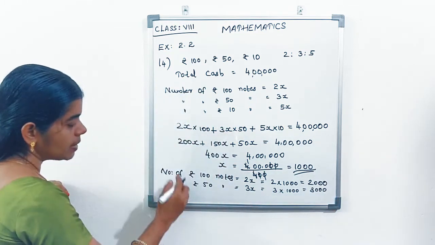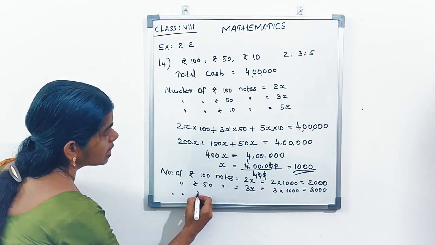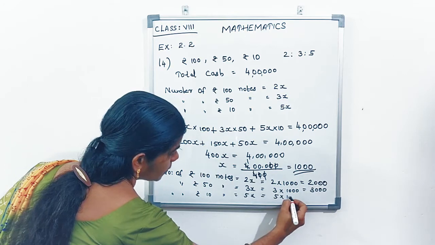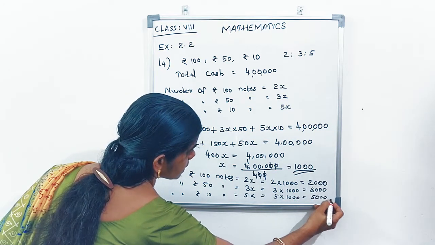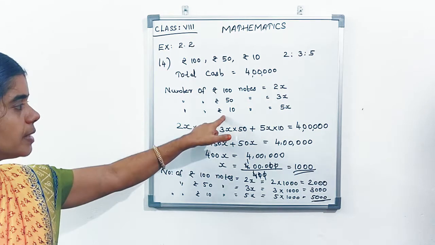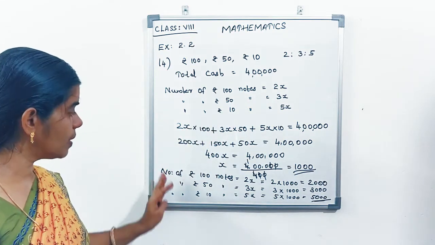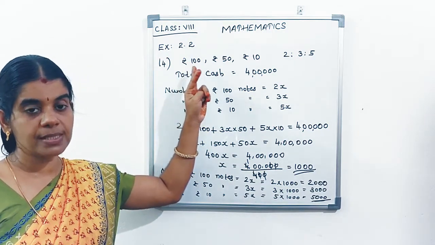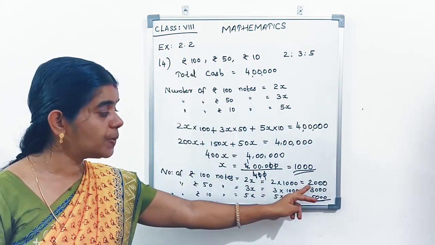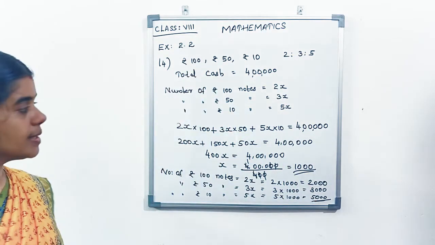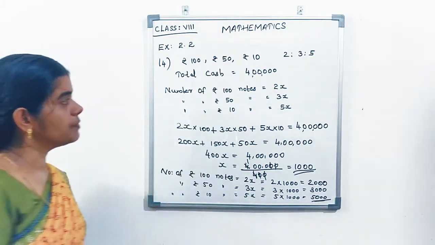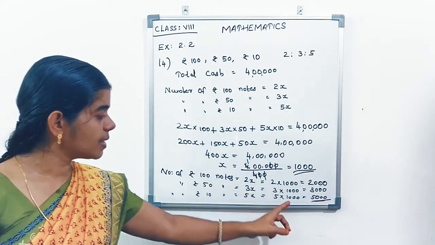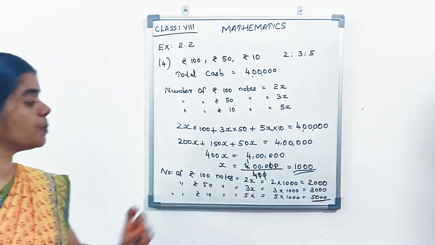Next, the number of 10 rupee notes is 5x, which is 5 into 1000, that is 5000 notes. So there are 2000 notes of 100 rupees, 3000 notes of 50 rupees and 5000 notes of 10 rupees.